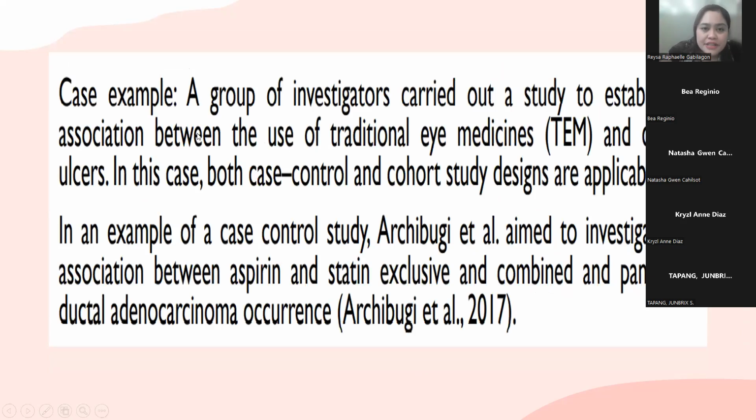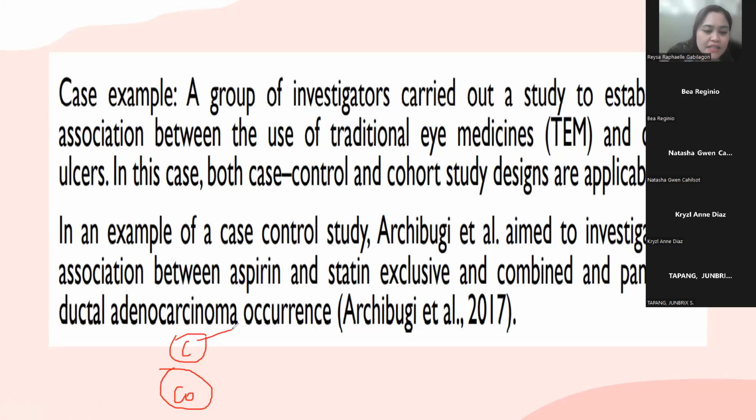Okay, another example here, the association between the use of traditional eye medicine and corneal ulcers. So, pwede itong cohort study pero let's focus on the case control study. So, anong gagawin dito? At present time, we will group the subjects into two. We have here the case and then we have here the control.